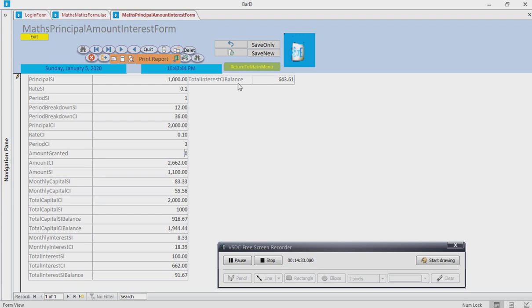The total compound interest balance 643. This is how we calculate interest amount, principal.